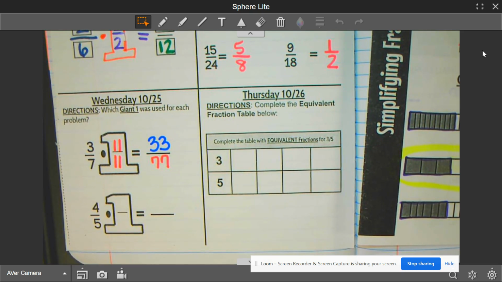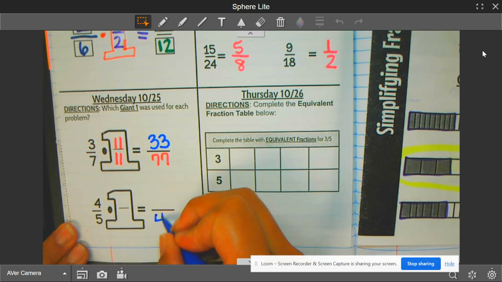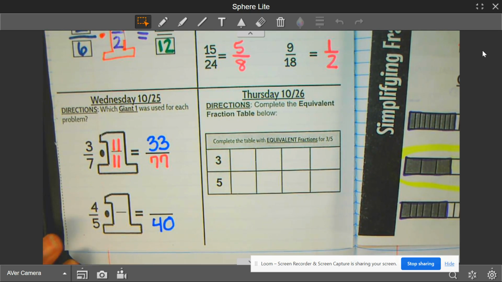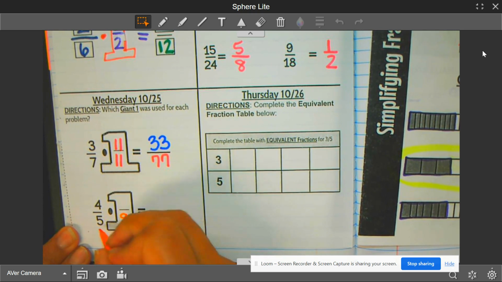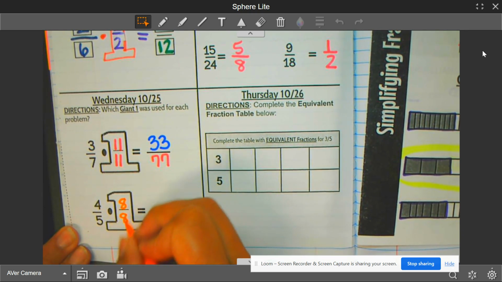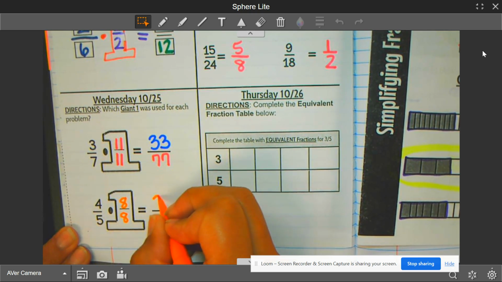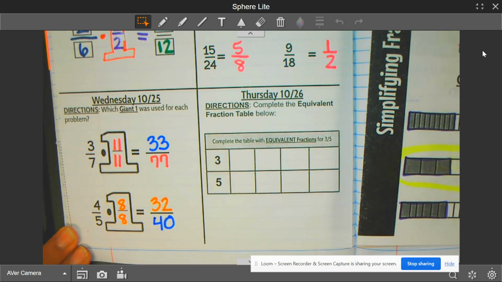All right, the next one, our denominator, you were supposed to fill in with 40. That is correct. Now let's use that to create our equivalent fraction. We need to multiply by 8 in order to create the 40. My giant 1 is created by the same numerator and denominator. Multiply 4 times 8, which is 32.